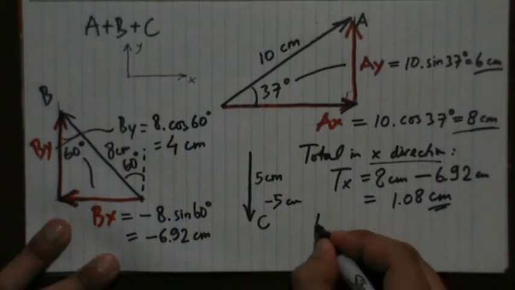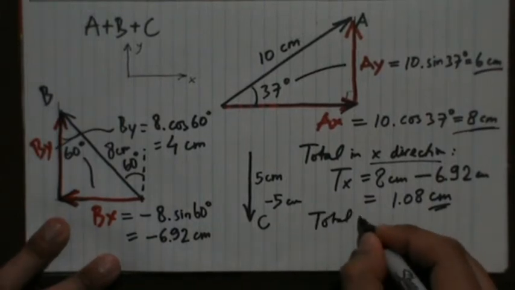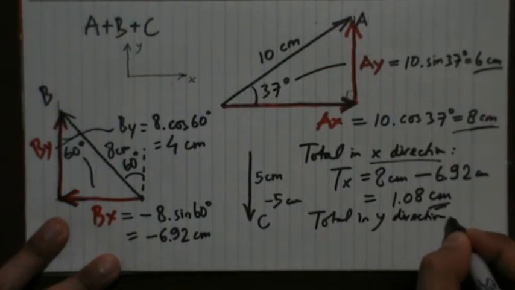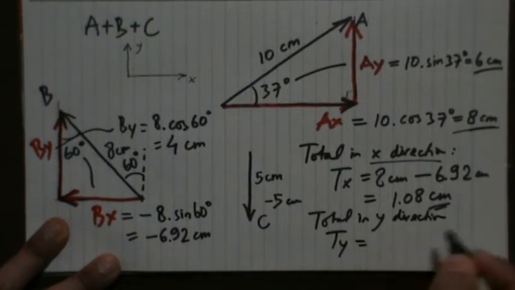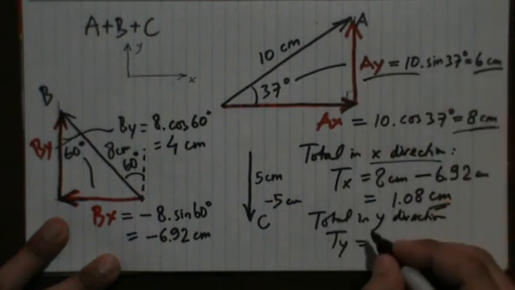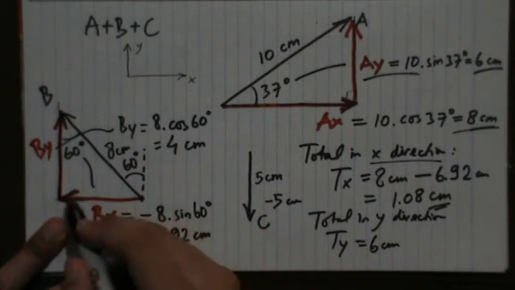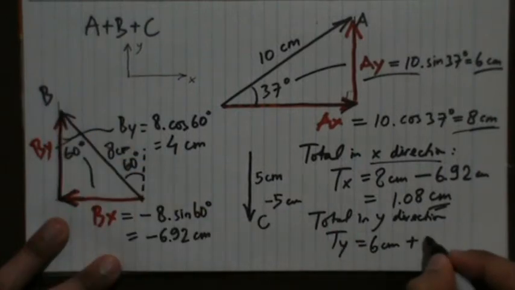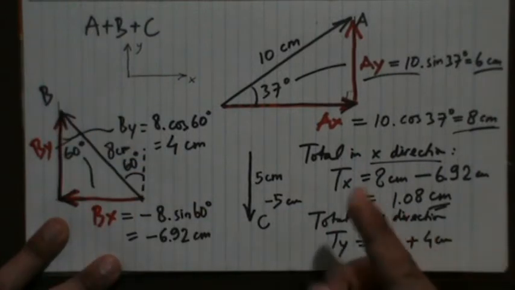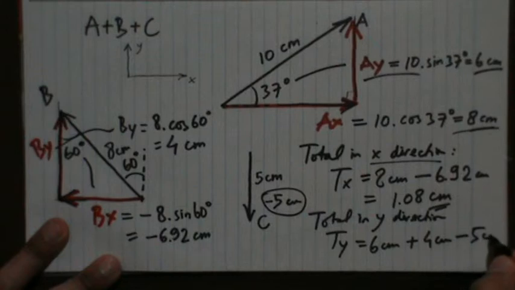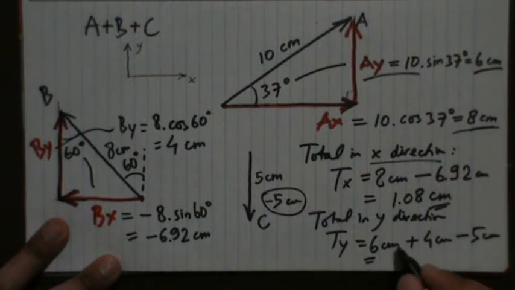And now we can also find the total in y direction. Let's call it Ty. First we have AY here pointing upward 6 centimeter, and then BY plus 4 centimeter, and be careful, vector C is pointing downward, so we should put minus, and we'll get 5 centimeter.